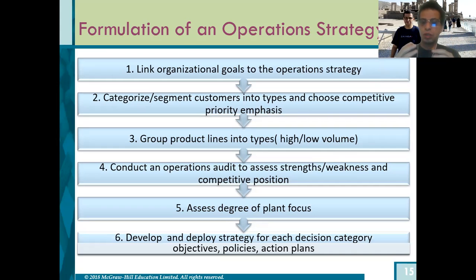Conduct an operation audit to assess the strengths, weaknesses, and competitive positions. Assess the degree of plant focus. And sixth, you develop and deploy a strategy for each decision category: objectives, policies, and actions. This is the formulation of an operation strategy, not a business strategy, an operation strategy.